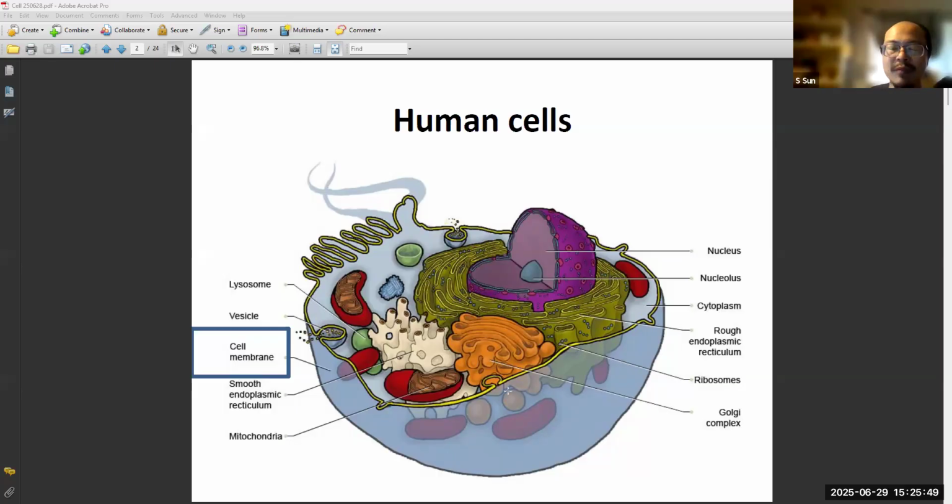So the cell membrane becomes quite important to guard cells from the outside world, to allow oxygen and nutrients to go in, and to control the secretion of metabolic waste or proteins. Some cells release their own proteins, like hormones, to the outside world, basically the body, so they can influence different parts of the body. So this is what we are going to focus on.